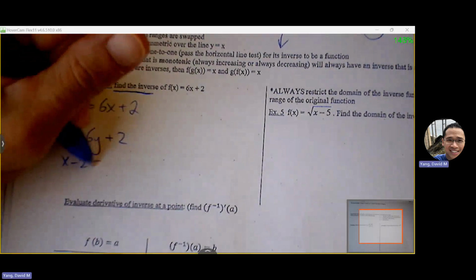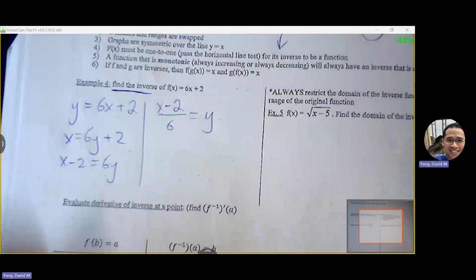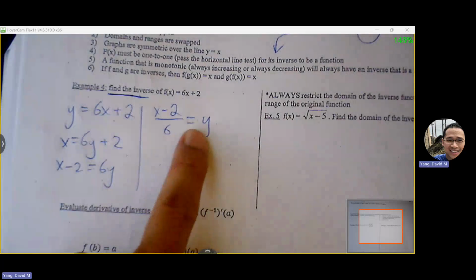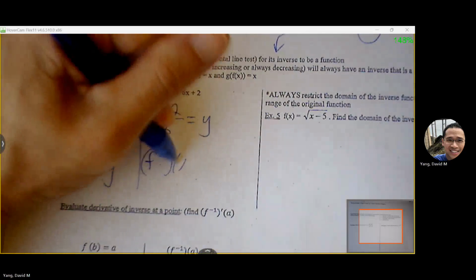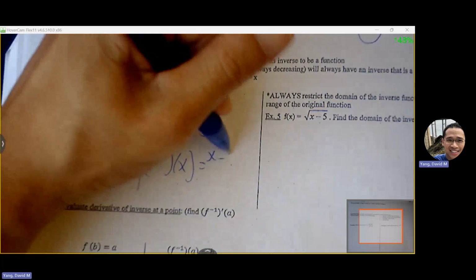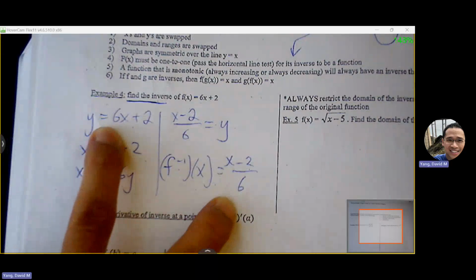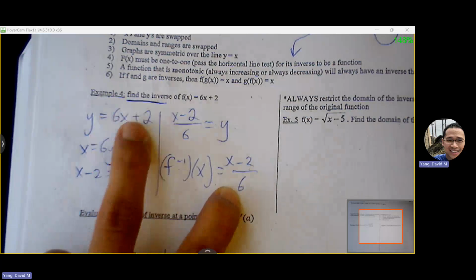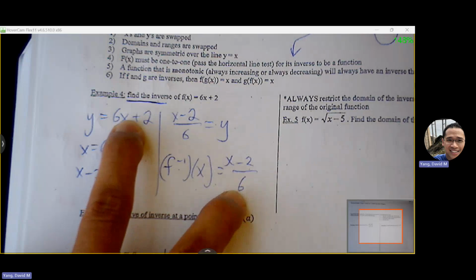So x minus 2 equals 6y. Divide both sides by 6. And now this is my inverse function, my f inverse is x minus 2 over 6. So these two functions will have flip-flop ordered pairs. If there's an x, y that lives here, then it's going to show up as y comma x on this one.